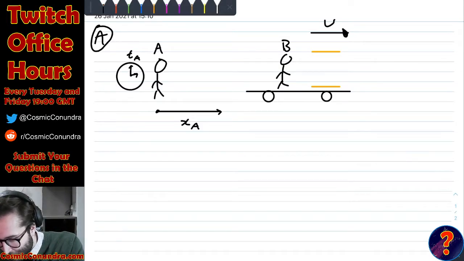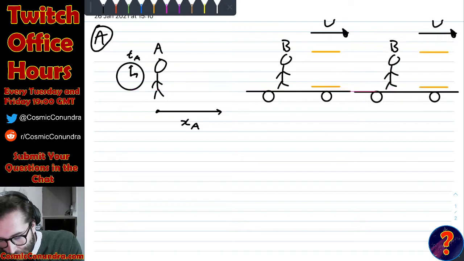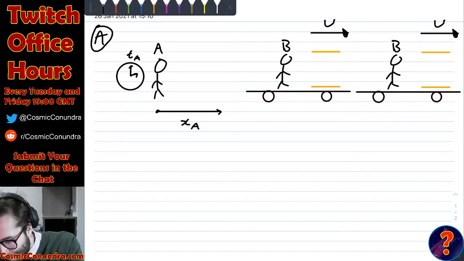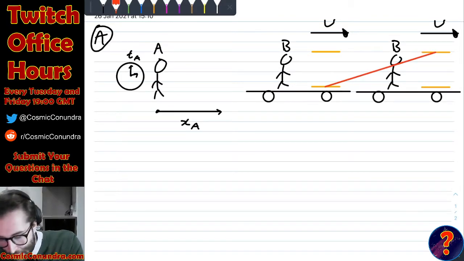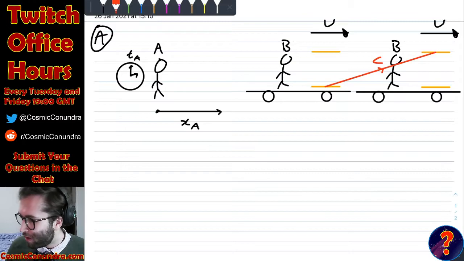So what person A will see, if we draw a second snapshot, is that the light ray will appear to be moving in a zigzag rather than just in a straight line. This is from person A's perspective.